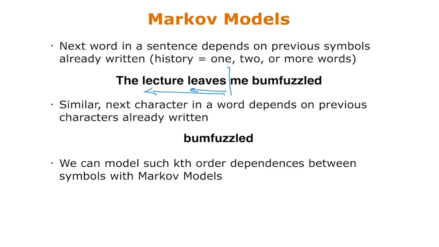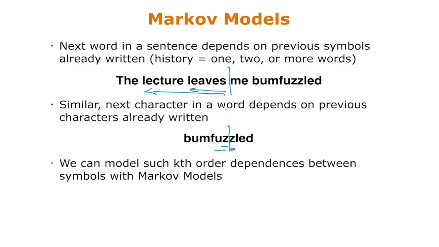A similar structure or dependencies also appears within a word. If we wish to generate a word character by character, we can try to predict what that character is based on looking at 1, 2, or more characters that precede that symbol.